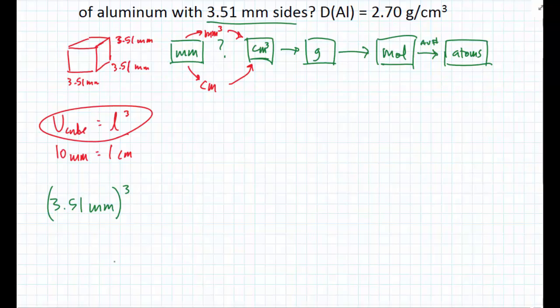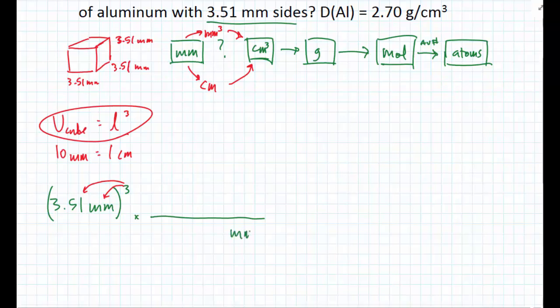If we did that, we get cubic millimeters. Make sure that it would pretty much be written like this, and you could type that out and get an answer, or you could just put it in your calculation like that. That would work just fine, as long as you remember when you're multiplying it in to distribute. Right? You'd have to do 3.51 cubed in there.